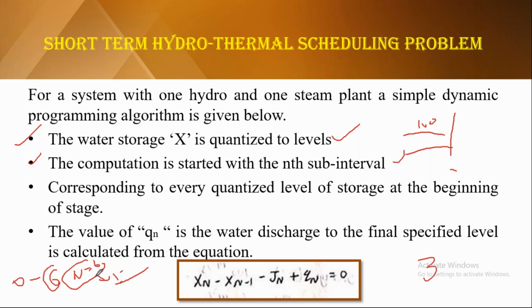If the number of intervals is more, we can choose that. Suppose it is 2, then we can choose two. If it is 6, it is better to take 1 month, 1 month. So we schedule for 1 month itself and keep on going. Next is, corresponding to every quantized level of storage at the beginning of the stage. Suppose the first day is over, now we have to schedule for the second day.